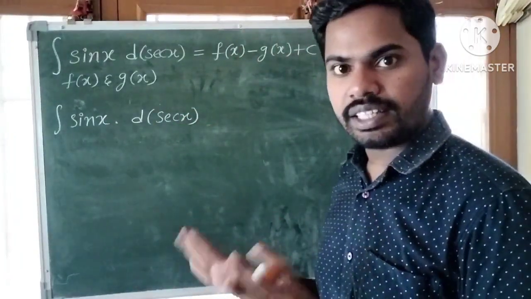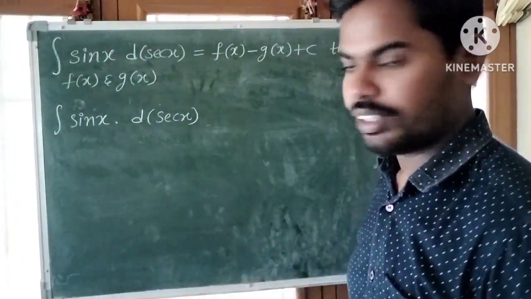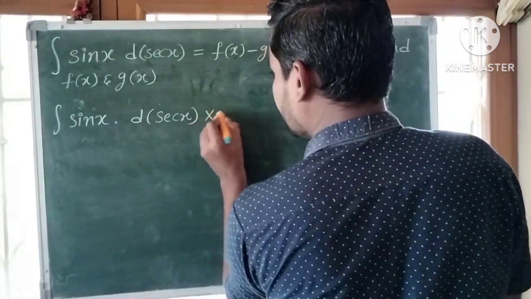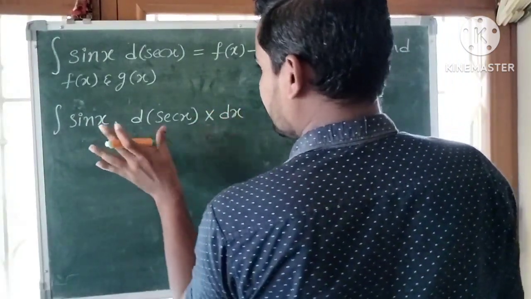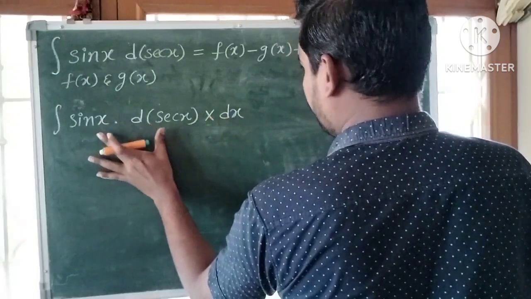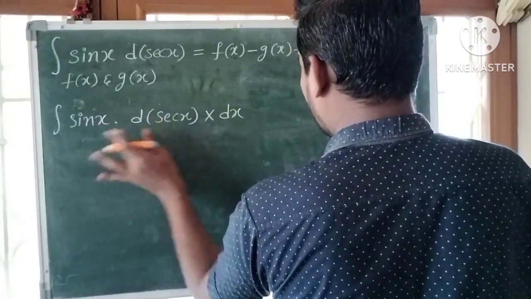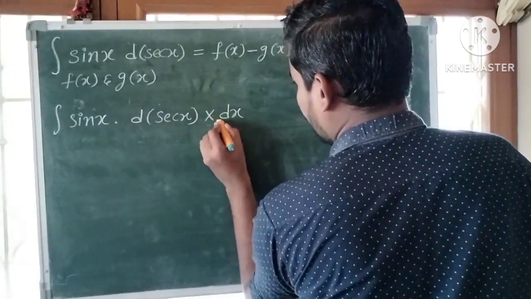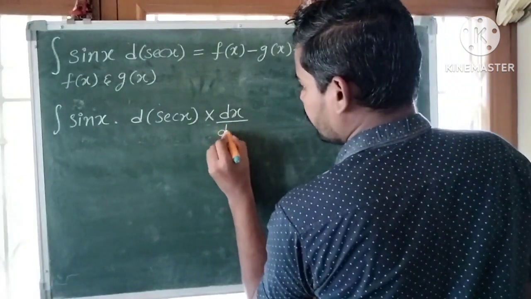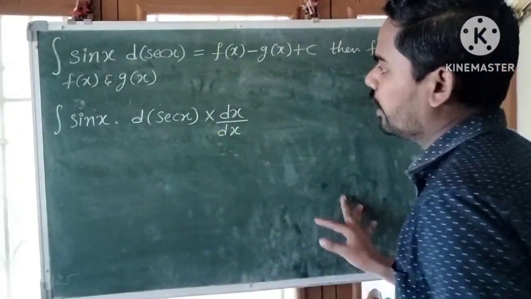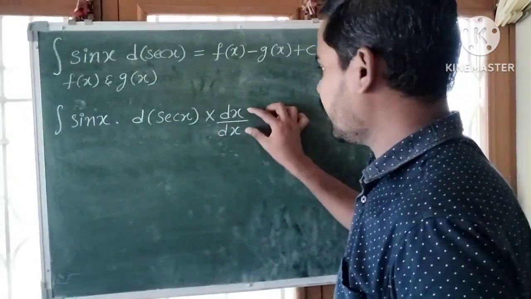Here we need dx. So multiply and divide this trigonometric function by dx.